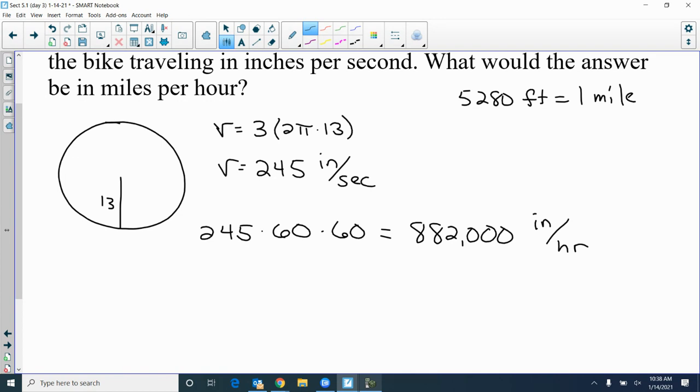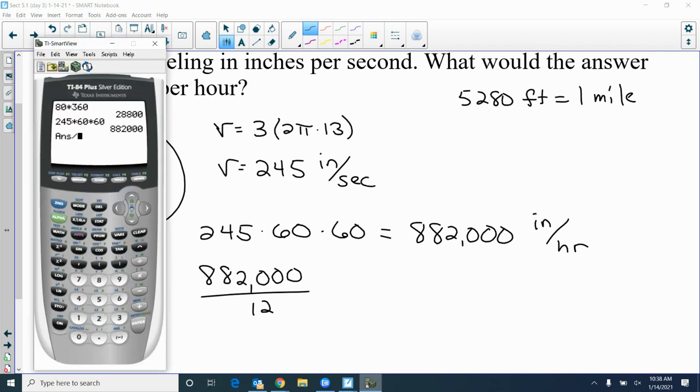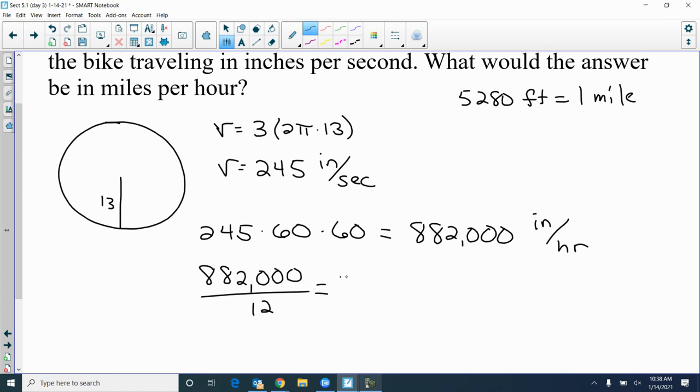Well, now I need to convert that to miles. So I'd go figure out how many feet first. So if that's how many inches, take that 882,000 divided by 12, and that gives me 73,500 feet per hour.